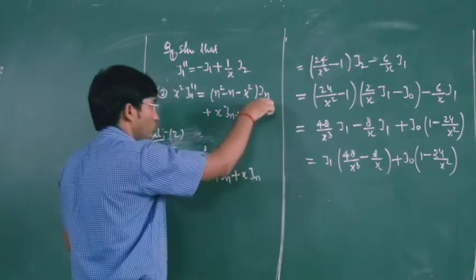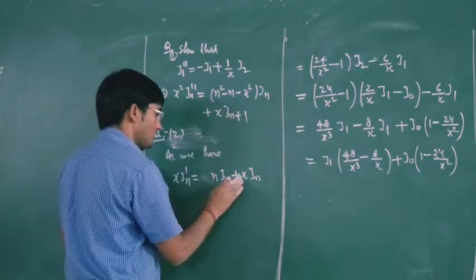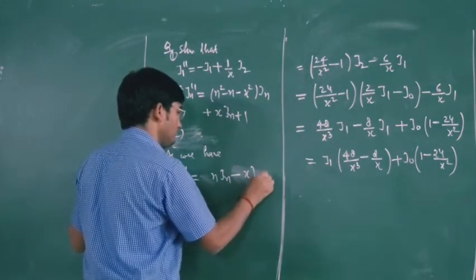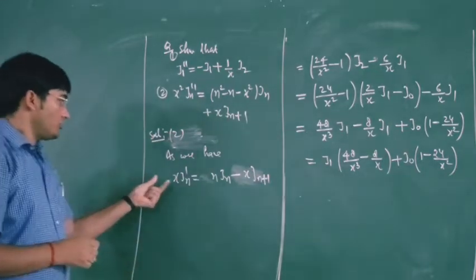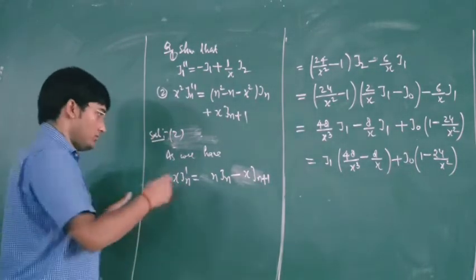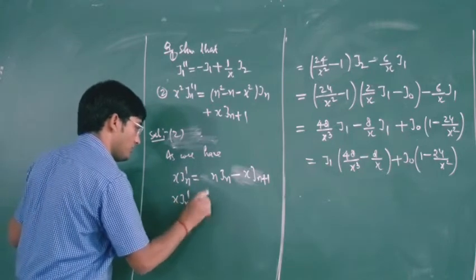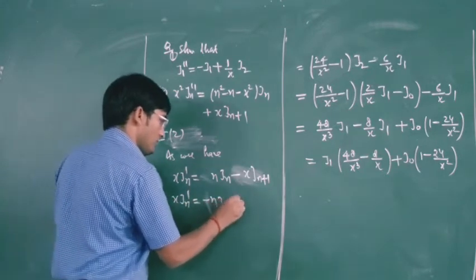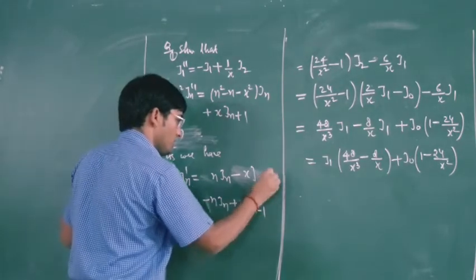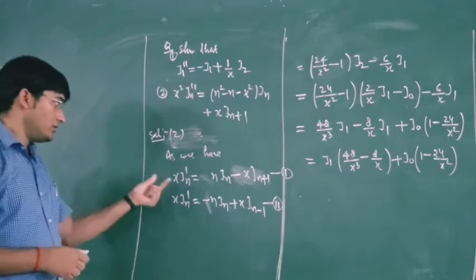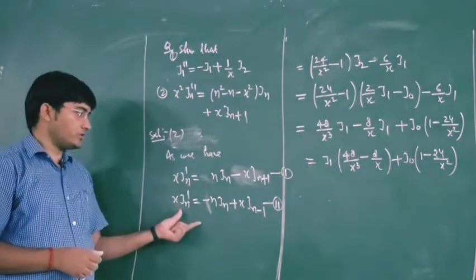So as we do not need any Jn minus 1, so let us apply the recurrence number 1, which is this one. So we know that we have these two recurrence relations, and the second one was minus n Jn plus x into Jn minus 1. So this is equation number 1 and this is your 2. We know these two recurrence relations.